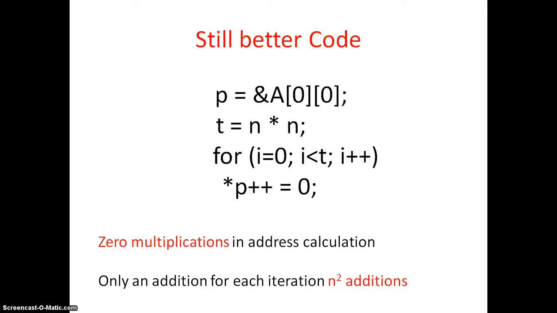So 0 to n into n minus 1 elements have been assigned as 0.